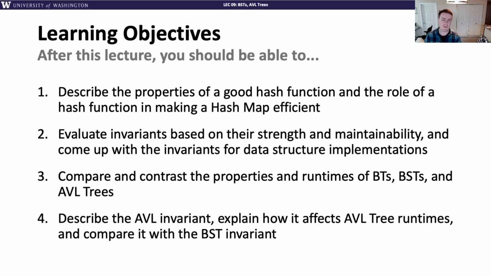So evaluating invariants based on their strength and maintainability, and coming up with invariants for data structure implementations, comparing and contrasting the properties of runtimes of binary trees, binary search trees, and these things called AVL trees, and describing the AVL invariant, explaining how it affects AVL tree runtimes, and comparing it with the binary search tree invariant. To be a little honest, we probably won't get too much into the AVL tree in this lecture. We'll probably focus that more on Wednesday's videos.